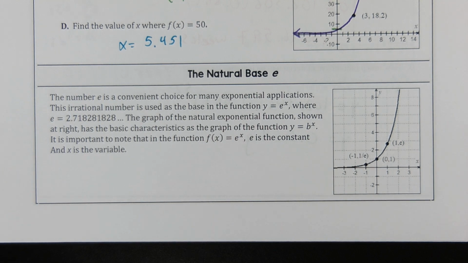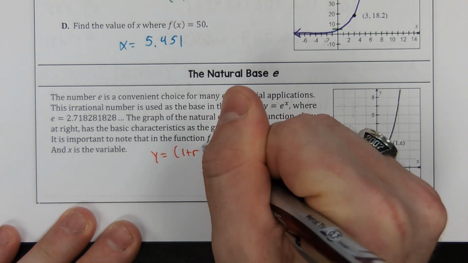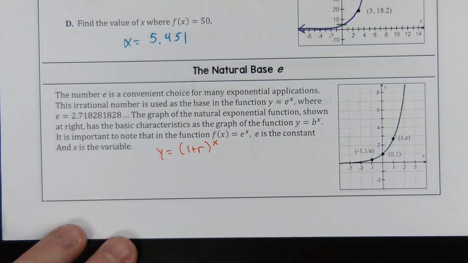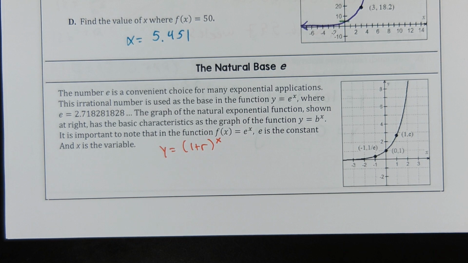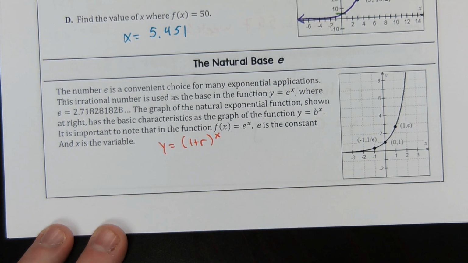It's exponential growth, right? Even though it's not part of our notes, I want to show you how to relate it to the other type of exponential growth. Because this is also exponential growth. What that tells me is that e can be written as 1 plus r.